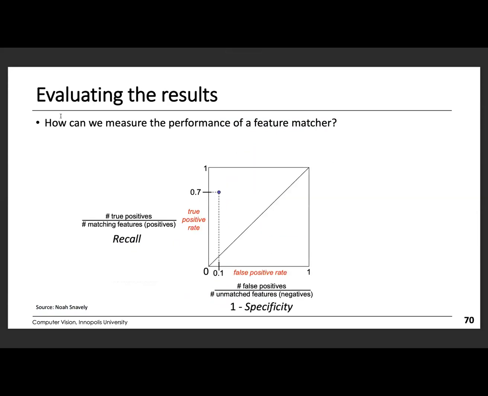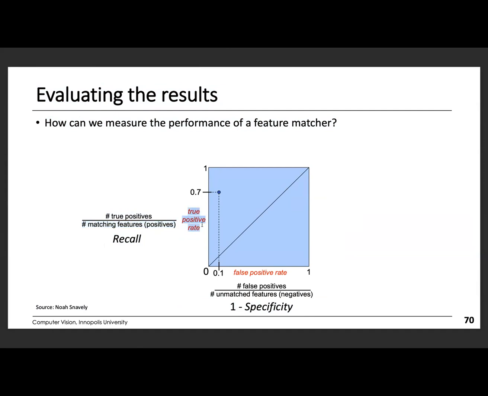So here we have this chart that puts recall on one side and 1 minus specificity on the other side. The true positive rate simply means the number of true positives divided by all of those that were predicted as positives. So here, the number of all matching features that are positives.